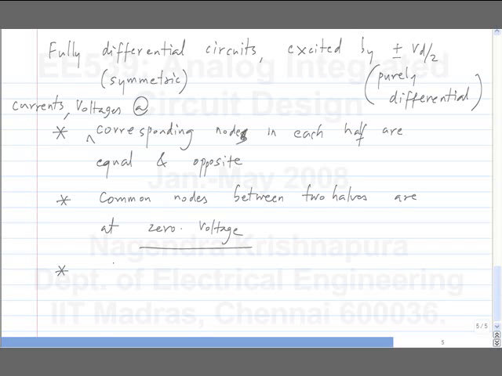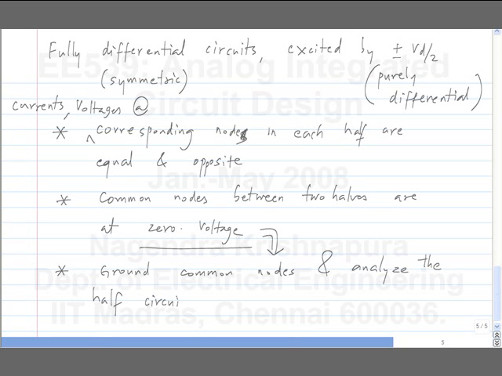So this implies that this is known as differential half circuit. There is a different half circuit for the common mode.